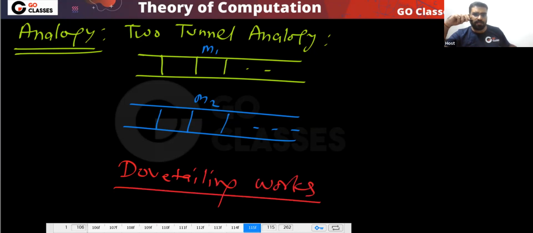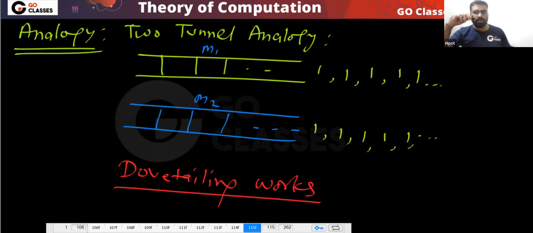You can do dovetailing. What can you do? You will do this: 1 kilometer here, 1 kilometer here. Then 1 more kilometer here, 1 more kilometer here, and again and again. If I do this, then tell me, if at least one of them is finite, can I find it?